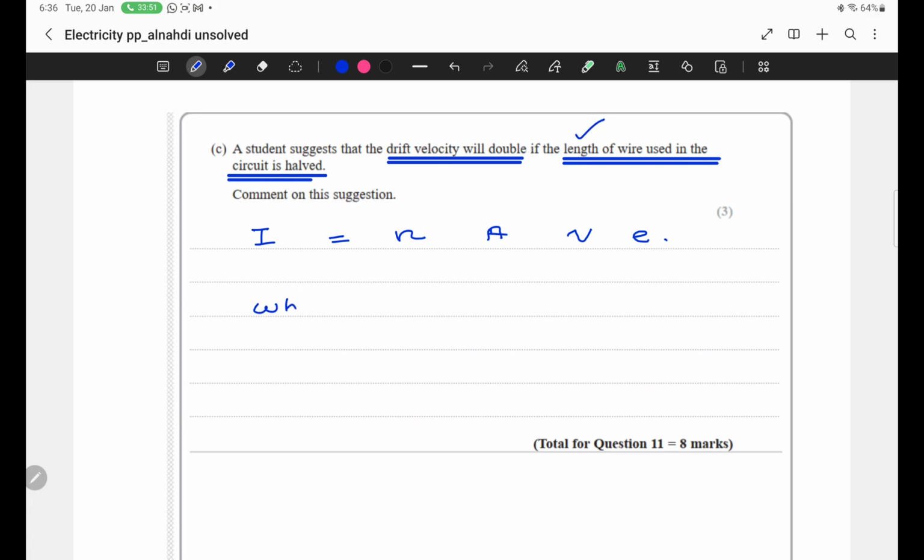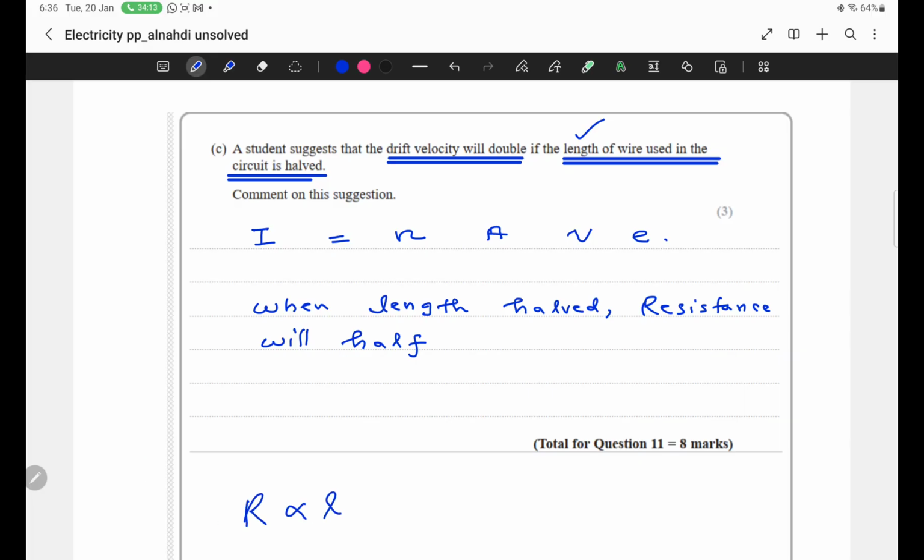When length is halved, resistance will halve. If length is halved, then resistance will halve. Why? Because resistance is directly proportional to length. If length is halved, then obviously resistance will halve.